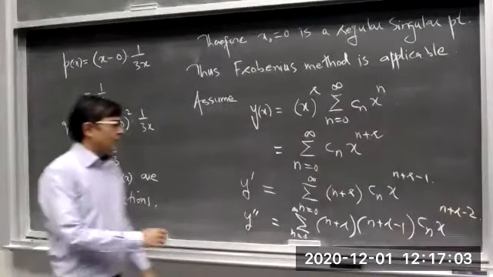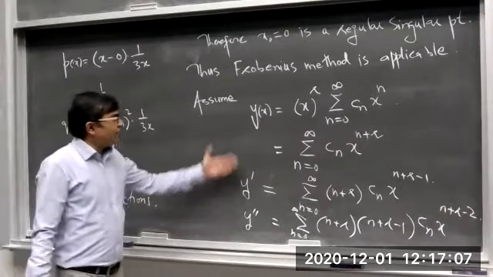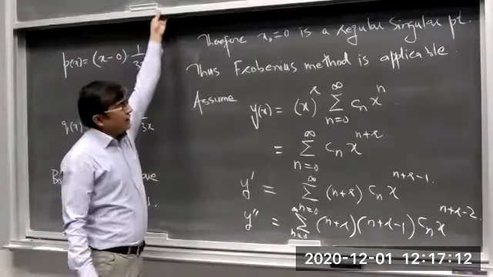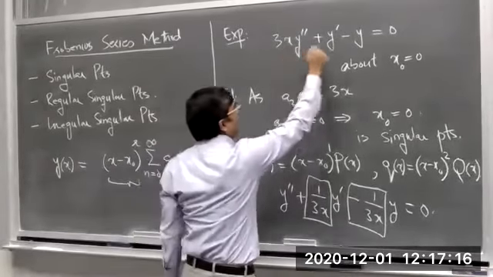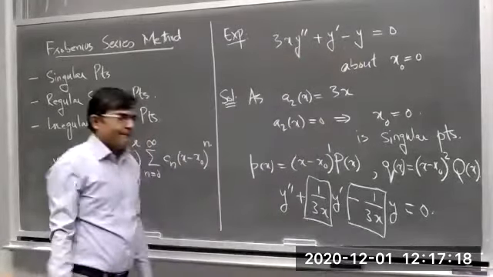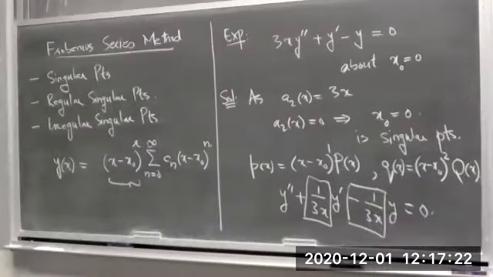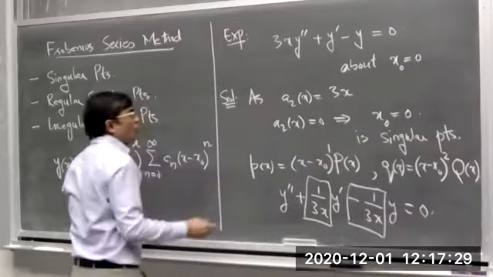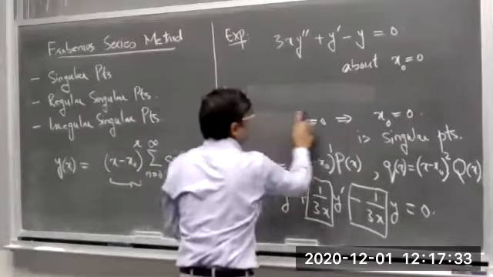Now we insert y dash and y double dash into the given differential equation, which is given here: y double dash, and then y. The rest is the same as we did in the power series method. We collect all the terms. Let me put it here.